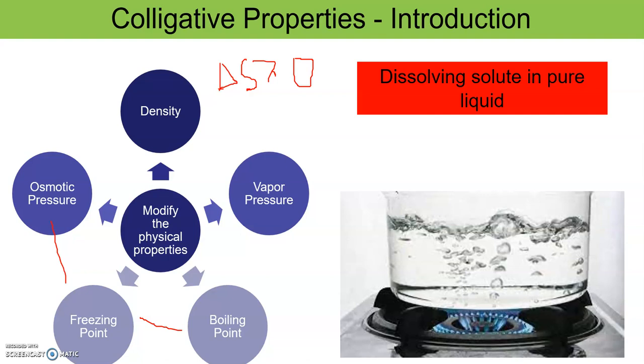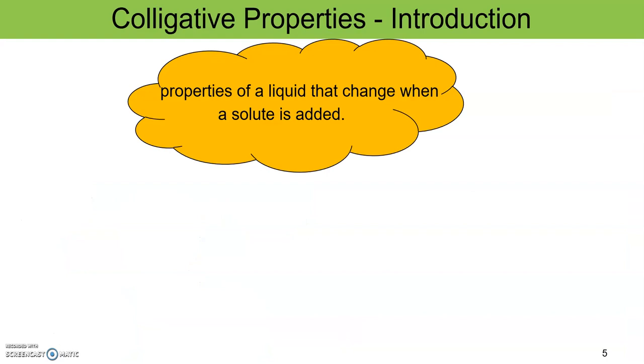This property all stems from a change in the disorder of the solvent, and the increase in disorder is independent of the identity of the species we use to bring it about. All of them depend only on the number of solute particles present, not their chemical identity. For this reason, they are called colligative properties.